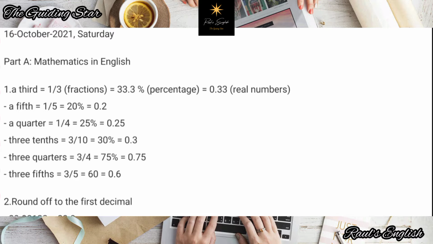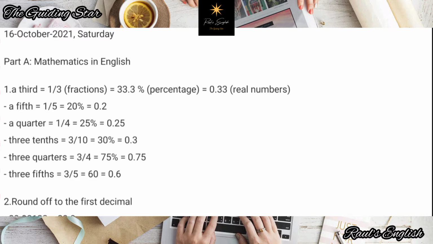You should be able to express them as fractions, percentages, and numbers. And these are the spellings: 3 quarters, 3 tenths, a quarter, 2 quarters. 2 quarters is a half.